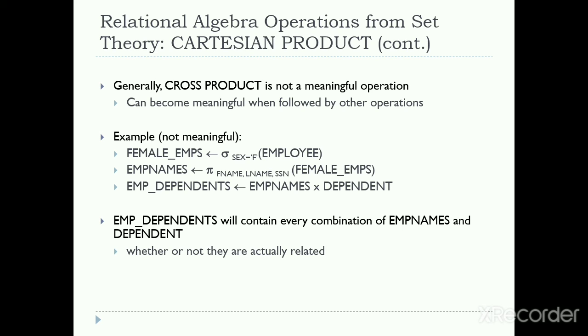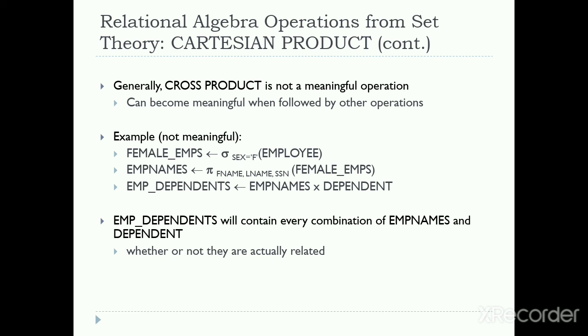Take the example: the first relational expression retrieves all female employees. You are fetching female employees' information by using the select operation, and the condition is sex equal to F.